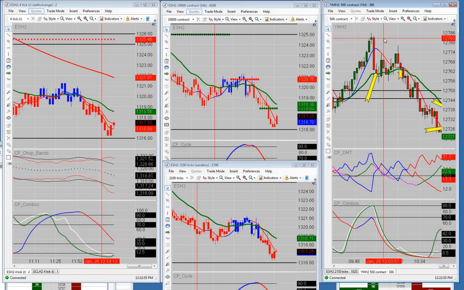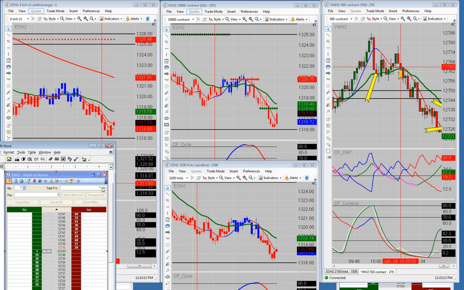You were looking for more of a move up, so you advanced your stop to +1 tick once it closed on the other side of the MA1. And right over here is where it came back down and stopped you out at +1 tick. That's why you have 11 on your DOM. 1 from this one and 10 from the second one.